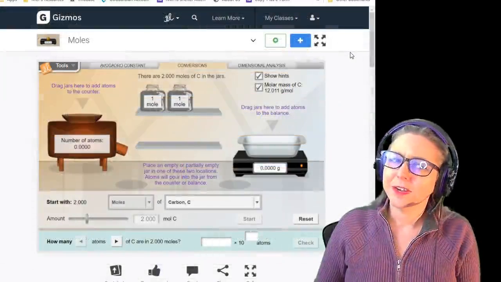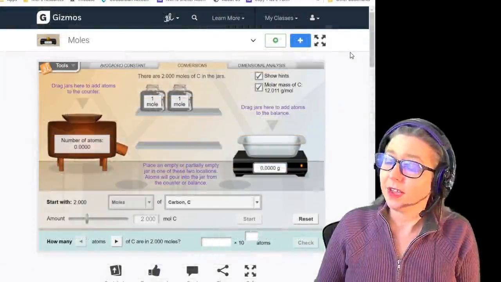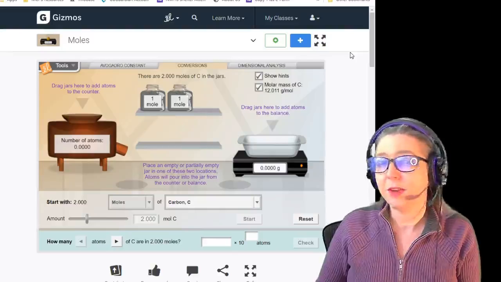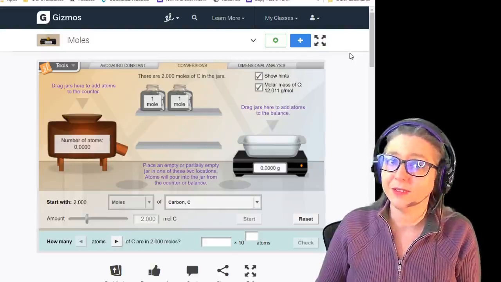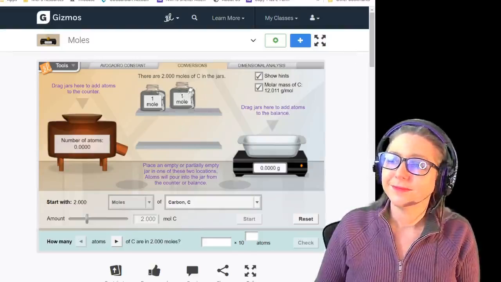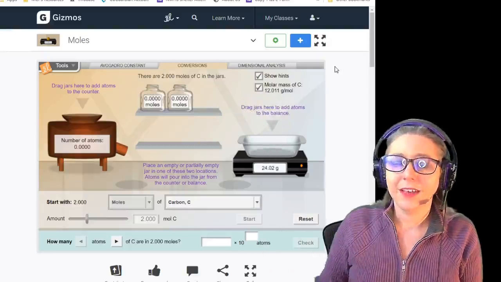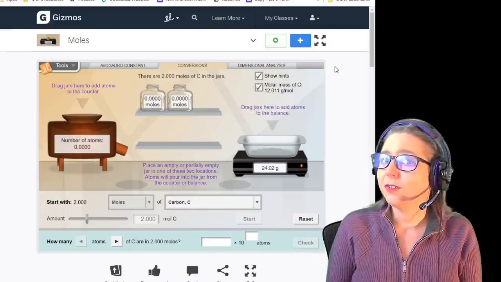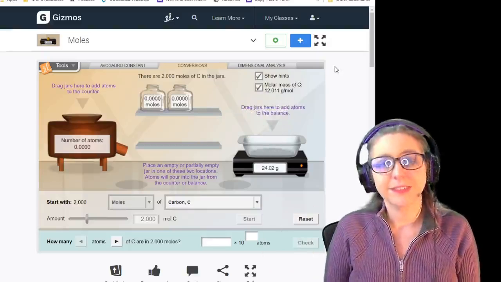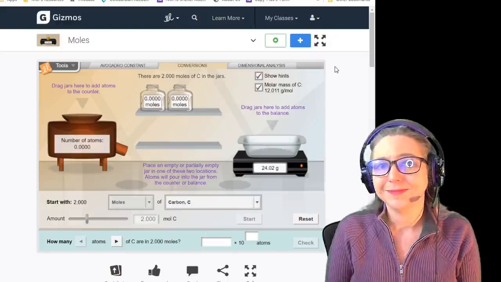Now, I'm pretty confident in our math, but the Gizmo asks us to take the jars of carbon and pour them into the balance, so let's go ahead and do that. And our balance says 24.02 grams, which is exactly what we calculated.